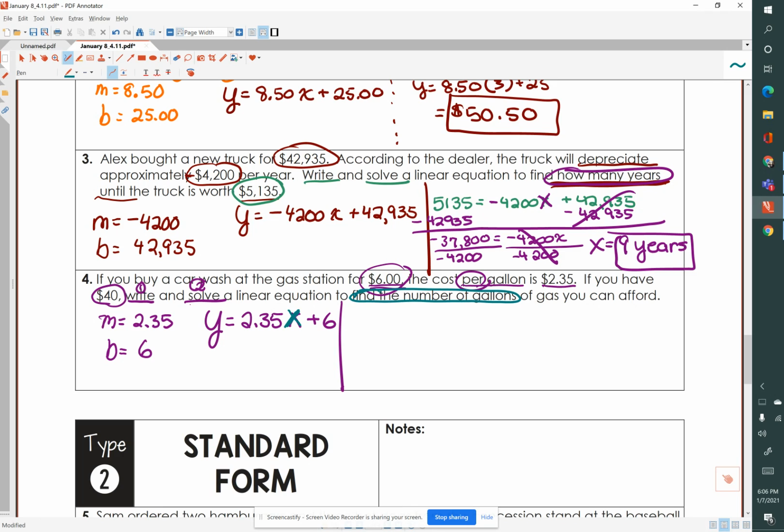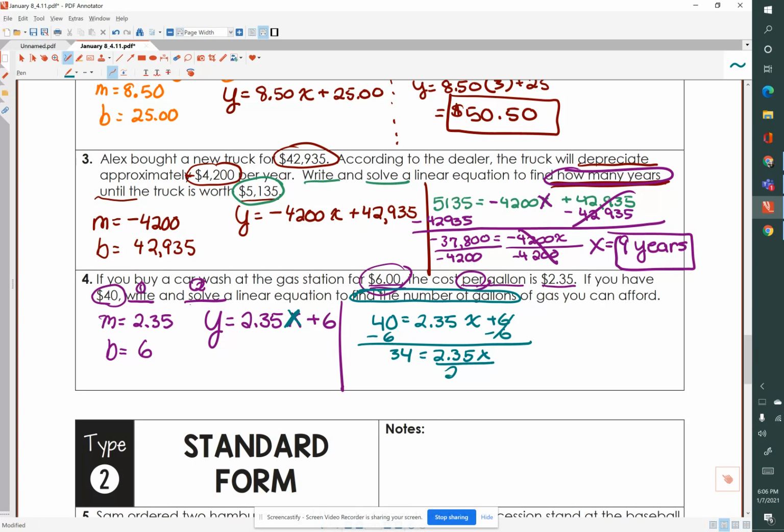So let's go ahead and insert our $40 for y. 40 equals 2.35x plus 6. So we subtract 6 from both sides, and we have 34 equals 2.35x.